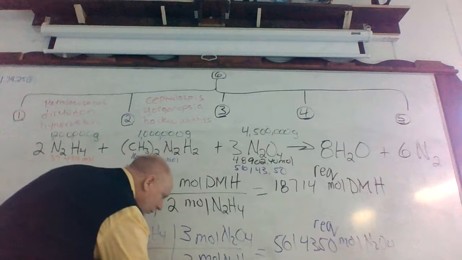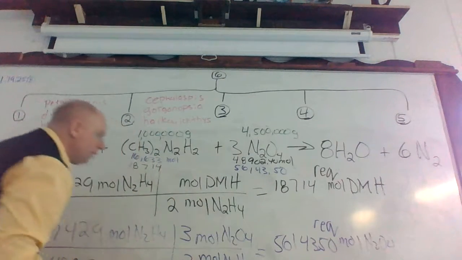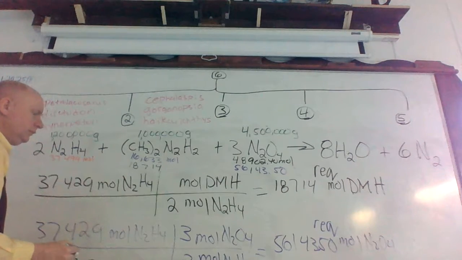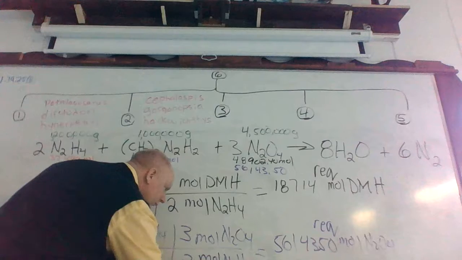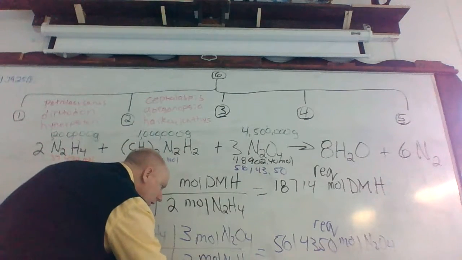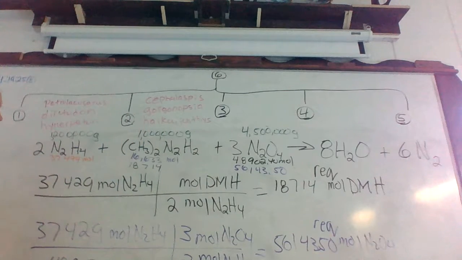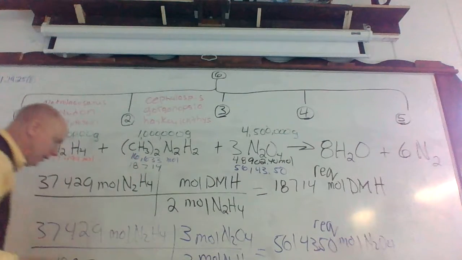Okay, so now what goes on the bottom here? So, yeah, it's a mole to mole ratio, but what is it? Okay, so what number goes on top? Which one goes on the bottom? 2 here, 3 there.